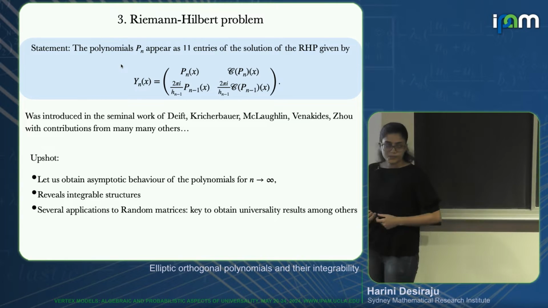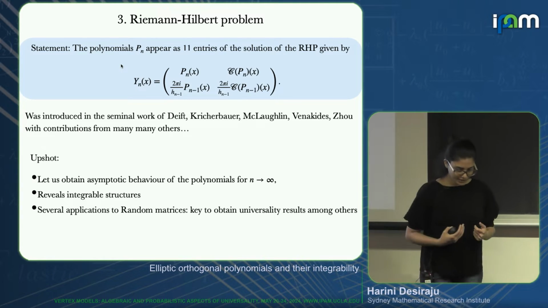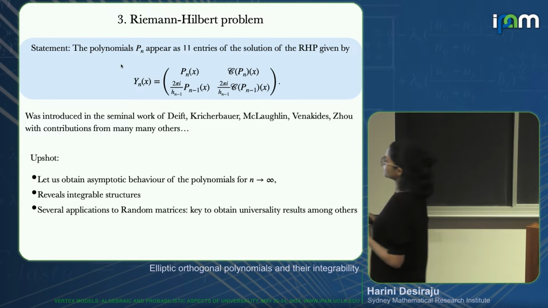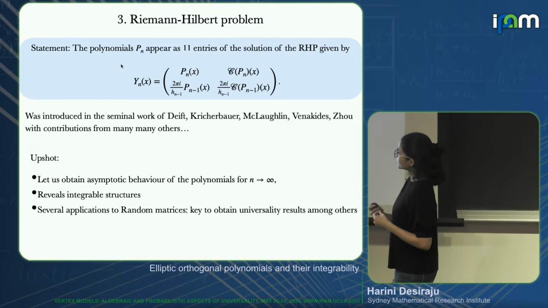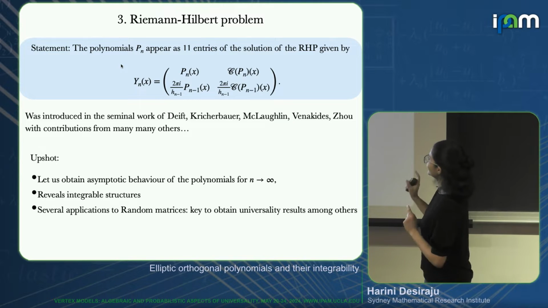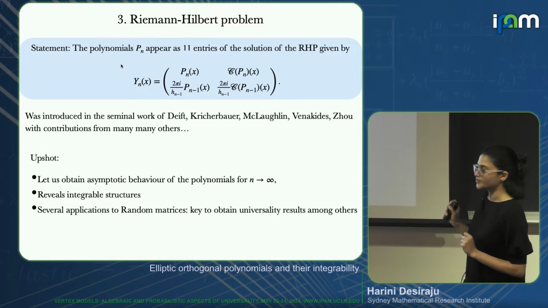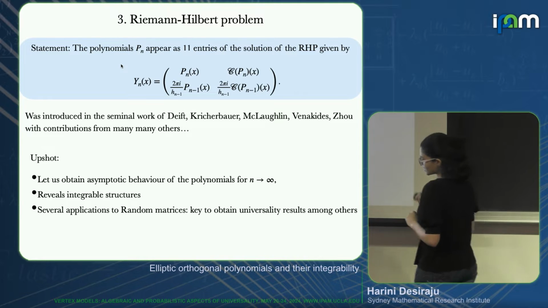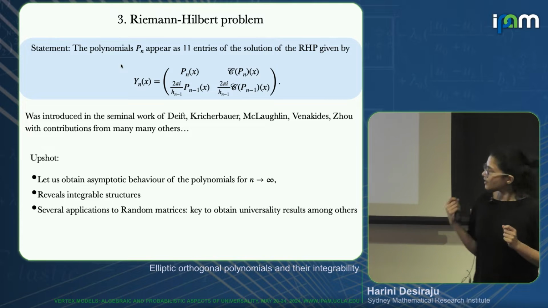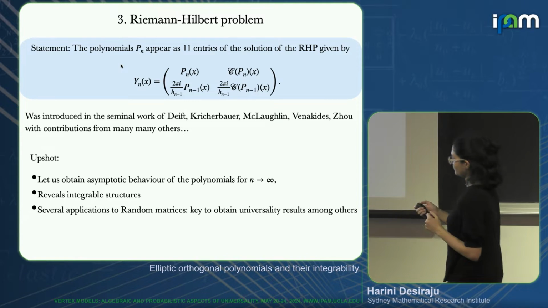Now on to the Riemann-Hilbert problem. This is the technology that was developed in the 1990s by seminal works of Deift, Kriecherbauer, McLaughlin, the pronunciation might be wrong, and Zhou. I started writing the list of people that have contributed, and I got very overwhelmed really quickly, so I'm not going to do that.